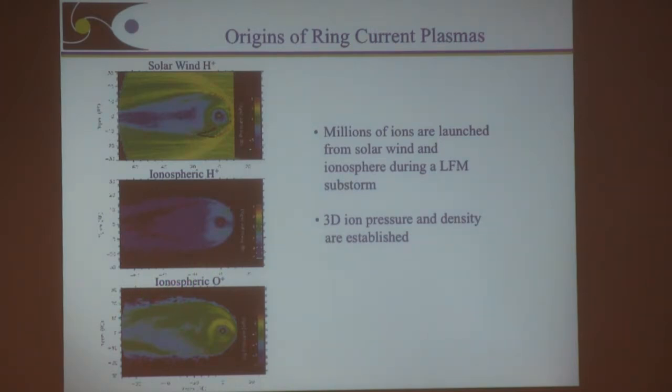Using the test particle code, we trace them and see how they get access to the ring current. We launch millions of ions, and from this test particle simulation we can establish the 3D ion pressure and density.